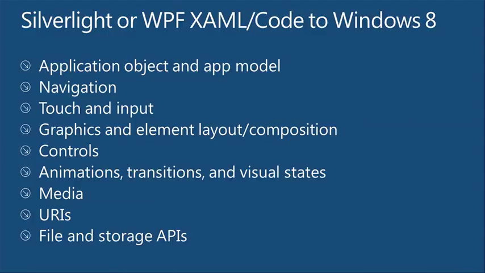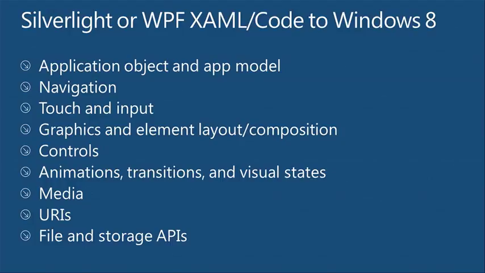You'll notice that as you move to this model, things do look differently in that sense. Touch and input using those concepts within Windows 8 do different things. We no longer have things like mouse-specific input events. We have pointer events, and you probably heard about those in previous sessions.